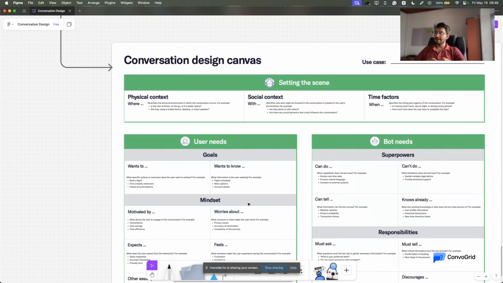For example, you have made it as a flight booking bot, but it is only able to book a flight, and it can't tell what flights are available. If you mention a flight name, it will book the flight, but it won't show you the list of available flights. So that's sort of a mistake, right?